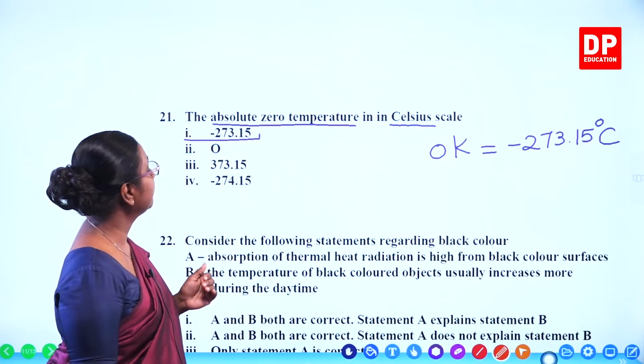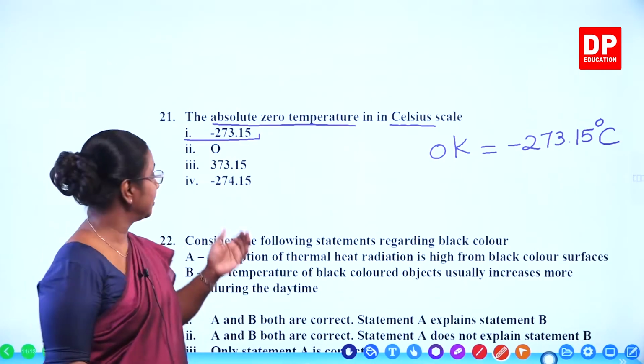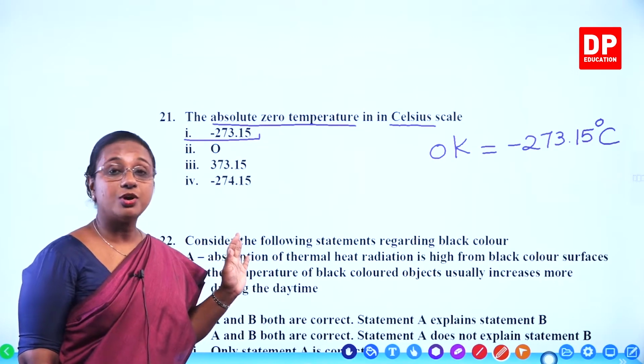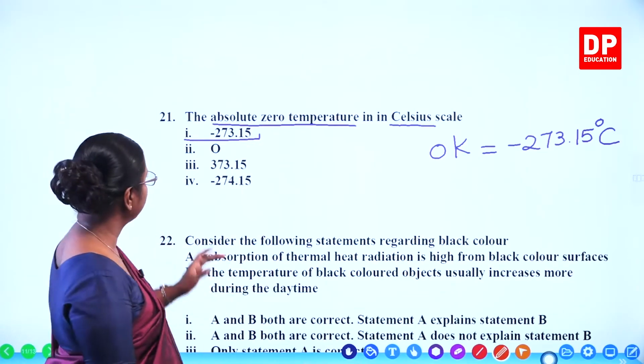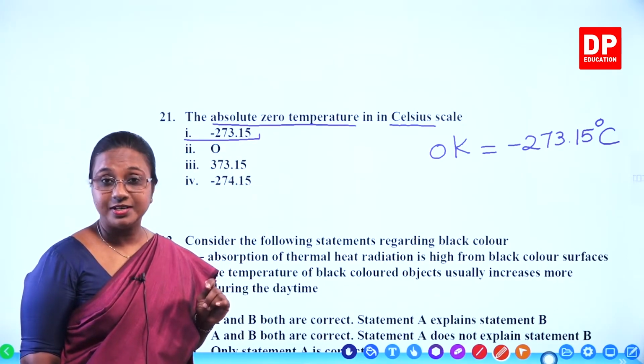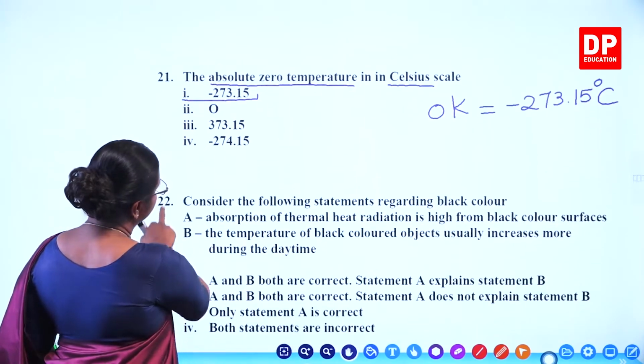Minus 274.15, that is also a low temperature. This will be actually minus 1 kelvin. So, that is not the absolute zero temperature. Absolute zero temperature is minus 273.15.